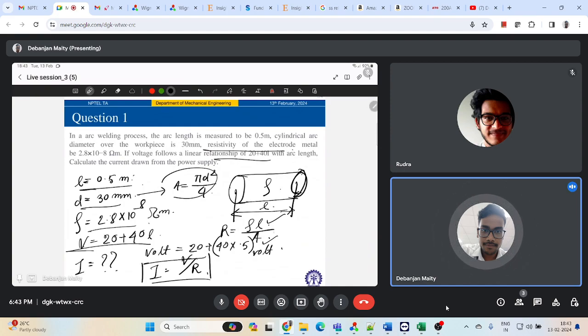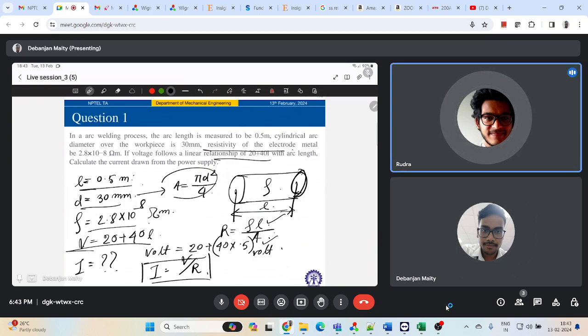What is my resistance coming as if you calculate it as rho L by A? I put everything in one equation.